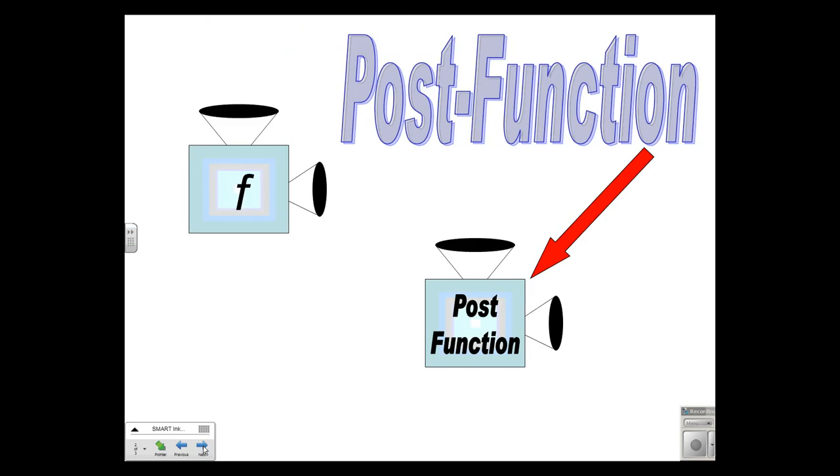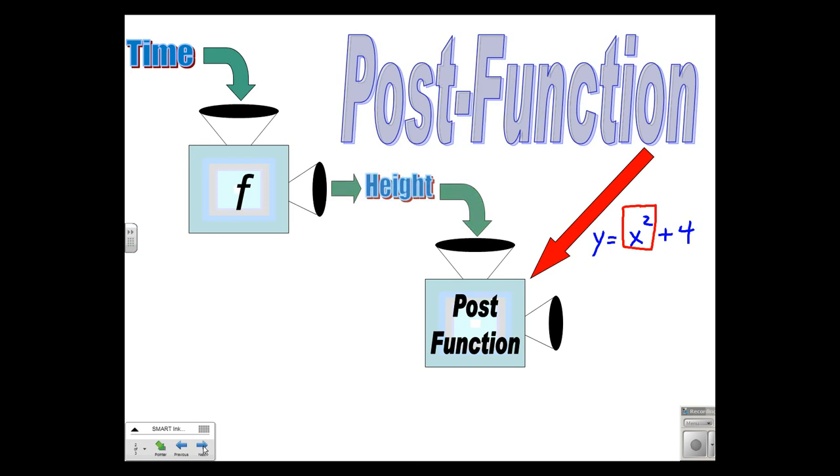Sometimes our functions have what I would refer to as a post function. For instance, we might have something like y equals x squared plus 4, where we take our base function, and once it's done its thing, order of operations, then we add 4 to it. So what does that really mean? What's going on here? Well, we know that we put time into a base function, and that base function takes that time, rumbles around, turns it into height.